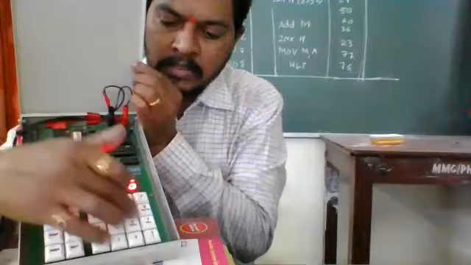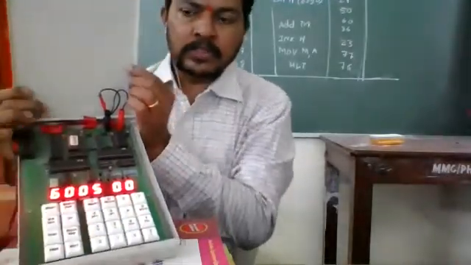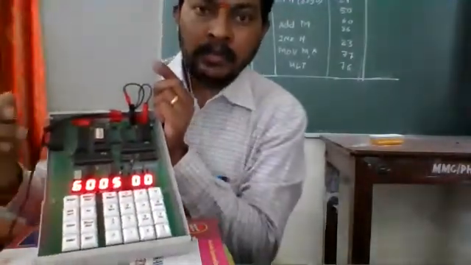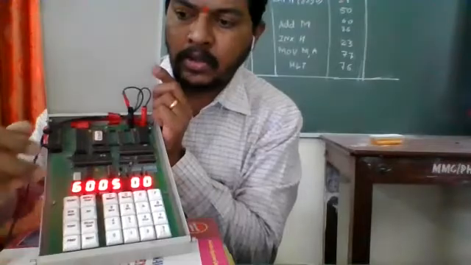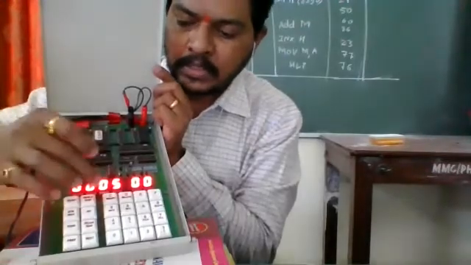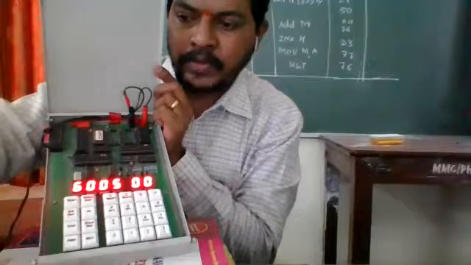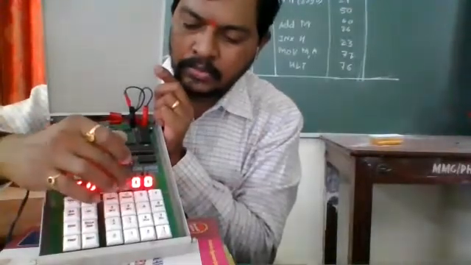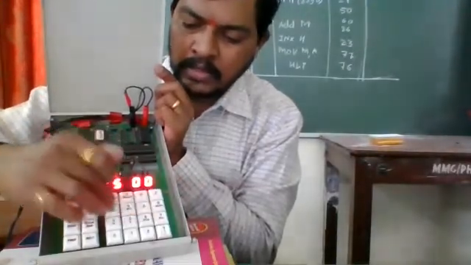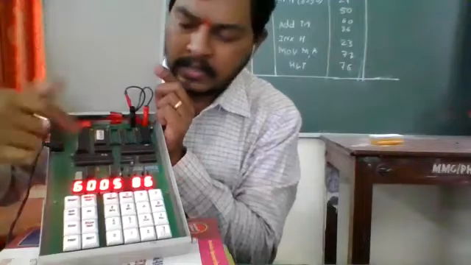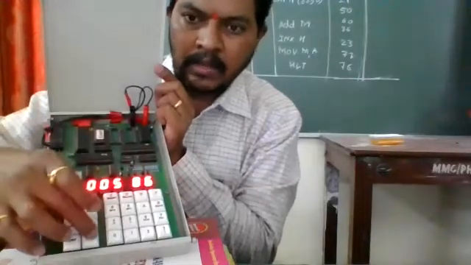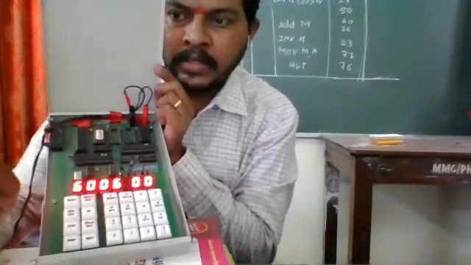Next 60. Now this instruction is complete. Then we have the ADD M instruction, the opcode of which is 86. So ADD M, next 6005, 86. This is 8 and 6. 86, yes.